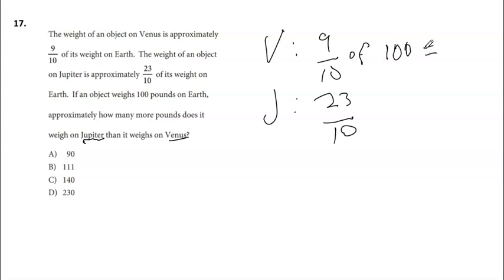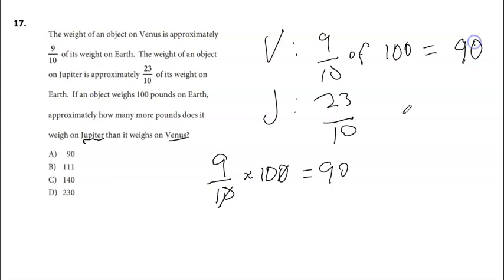And then solve it. So it's going to look like this: 9/10 of 100, which is equal to, 10 cancels out, and 9 times 10 is 90, right? So this is 90. We do the same thing for this. So this is times the same 100, which is the weight on Earth, and this cancels, we get 230.